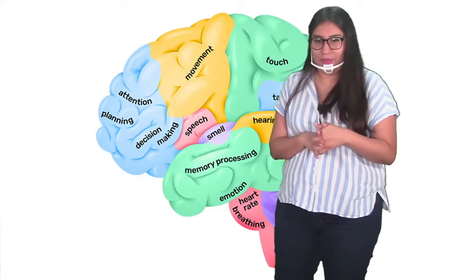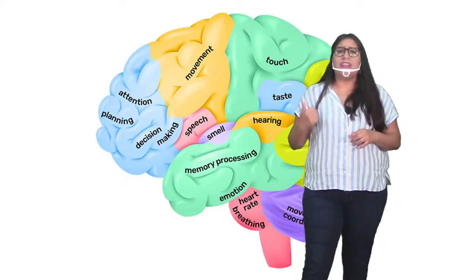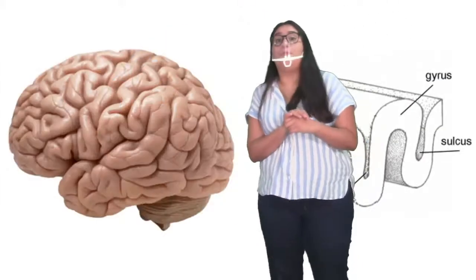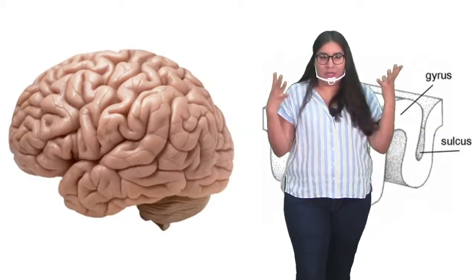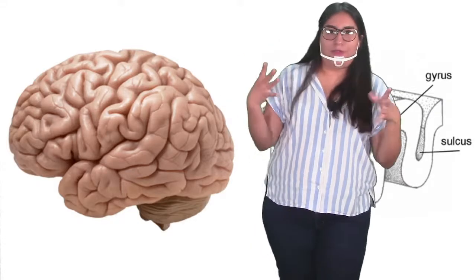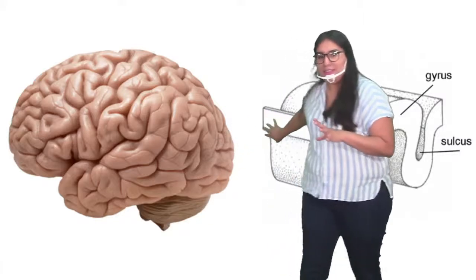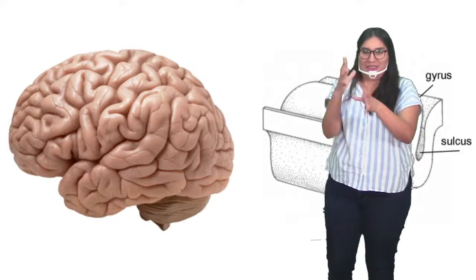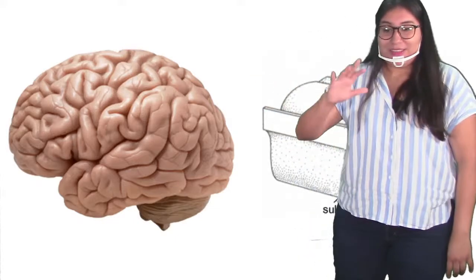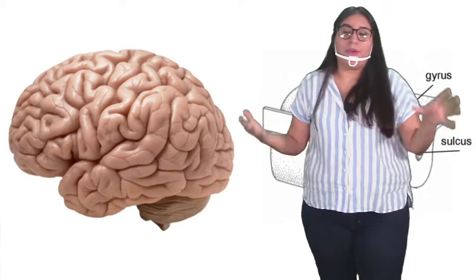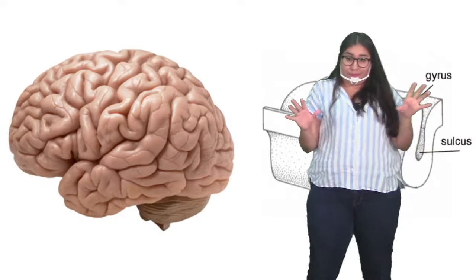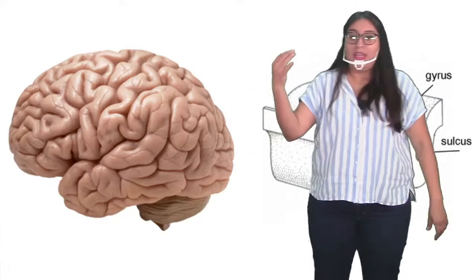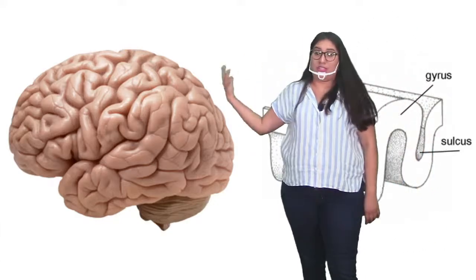So, the first thing that I'm going to explain to you today is the bumps and the grooves of the brain. I don't know if you already know the shape of the brain right there, this little mass. In humans, the lobes of the brain are divided by a number of bumps and grooves. These are known as gyri, the bumps, and sulci, the grooves or fissures that the brain has.